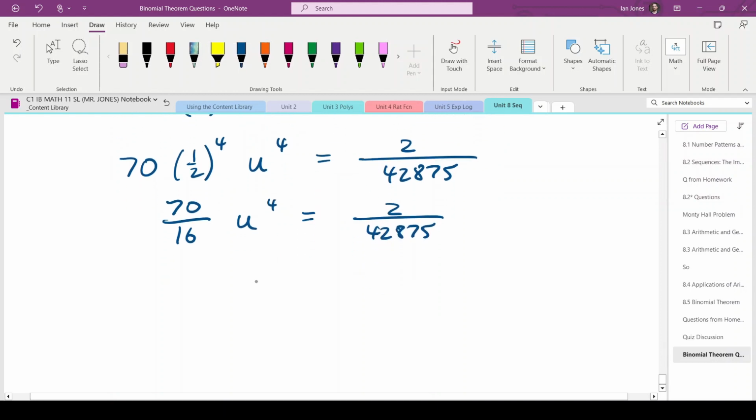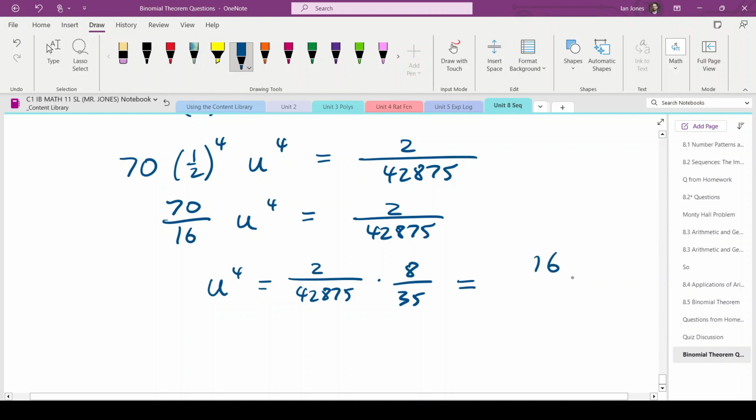Multiply both sides by 16 over 70. I suppose I could reduce that to 8 over 35, which, well, that's 16 over whatever this denominator is.